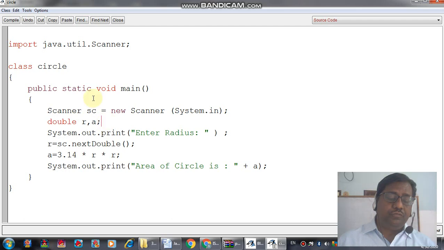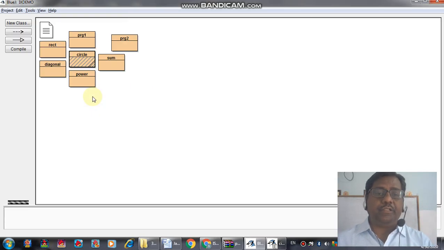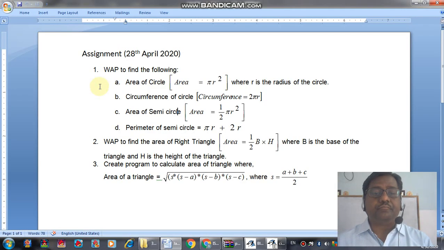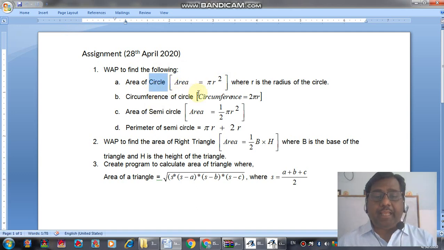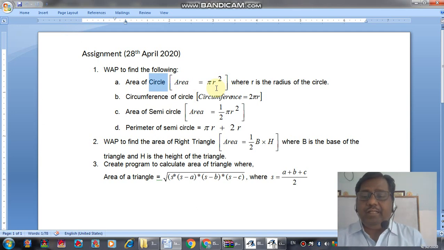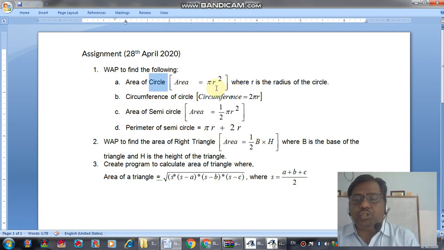What we are supposed to find here? Go back to the question once again. Area is to be calculated, number one. To calculate area, the values you require are the radius and pi. Pi is a constant, that is 3.14.